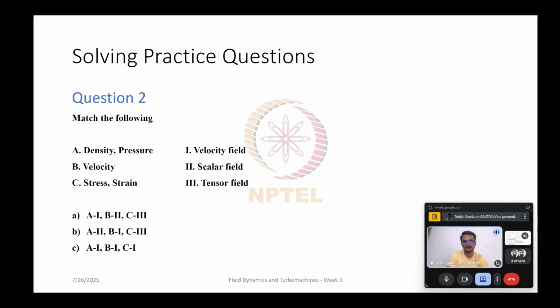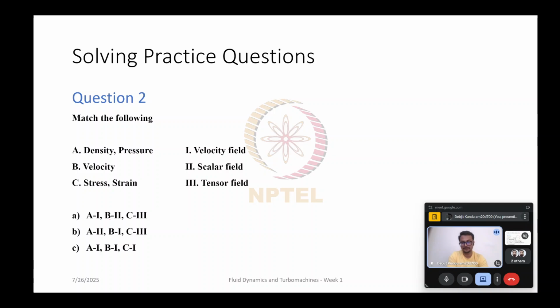So the options there are one, velocity field, option two, scalar field, and option three, tensor field. So once you have matched the items in the left column with the right column, you will get a particular combination, and there are a few combinations given in the options below. So if you think one of them matches with that option, you can pick that.